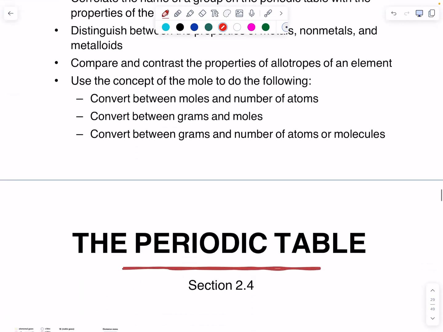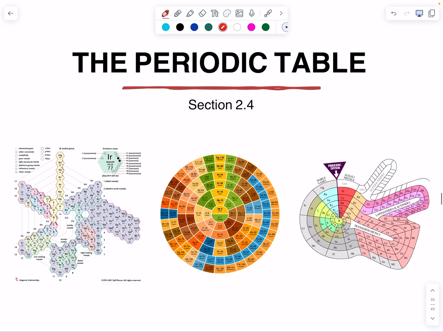All right, so now we're going to start our tour of the periodic table. We are going to use the standard version of the periodic table, that is boring and organized in squares and rectangles.